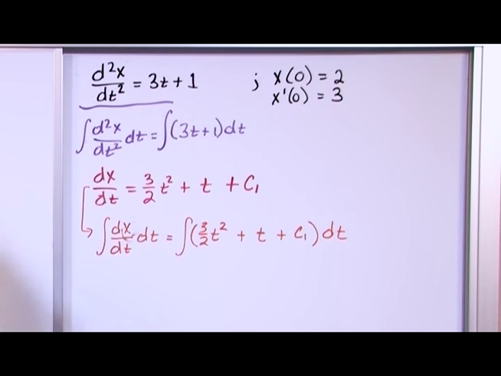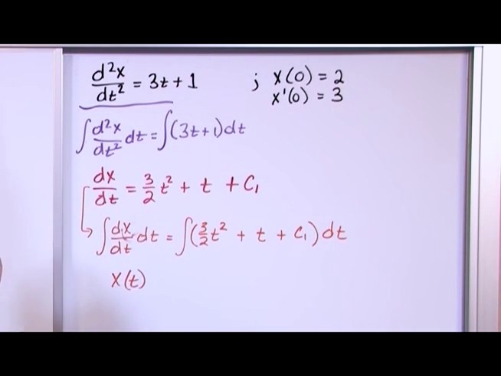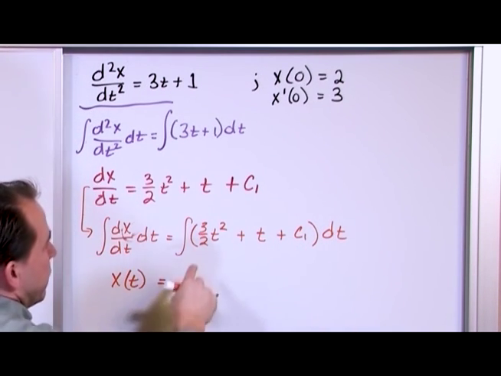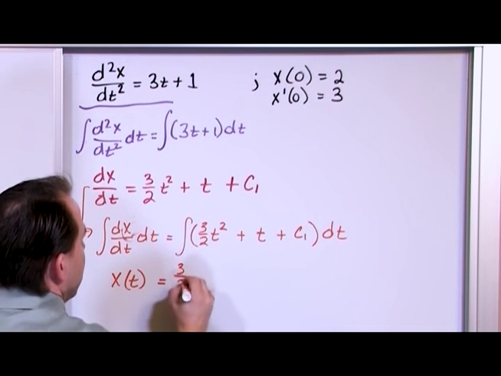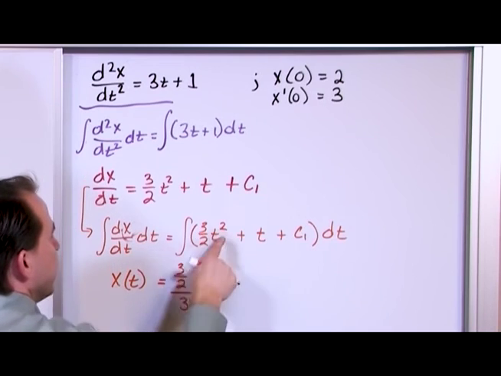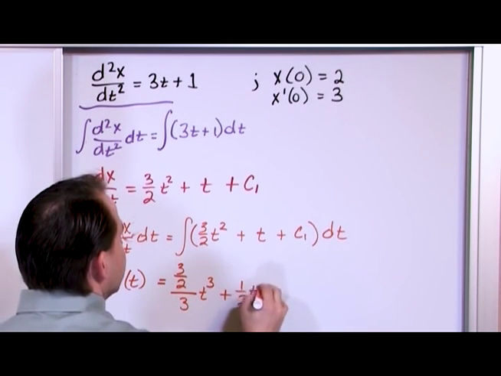So we're just integrating again, just like we did for F equals ma. On the left-hand side, we're just going to get back our function that we're actually trying to calculate, x. We know it's a function of time. And on the right-hand side, you need to do this simple integral. It's a nice polynomial integral. 3/2 over 3 t cubed, so it's 1 plus the exponent, plus 1/2 t squared.